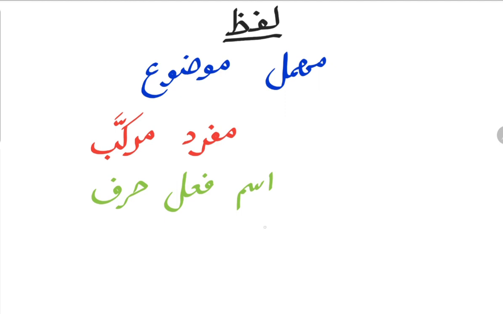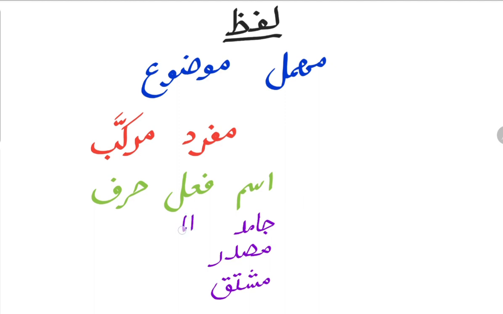The first type of ism was jamid, which is basically a primary noun. No noun is derived from it, neither is it derived from another noun. The second was masdar, a root noun. And the third one was mushtaq, which is basically a noun that is derived from a masdar. When we jumped to fi'l, we found out that fi'l has four types.